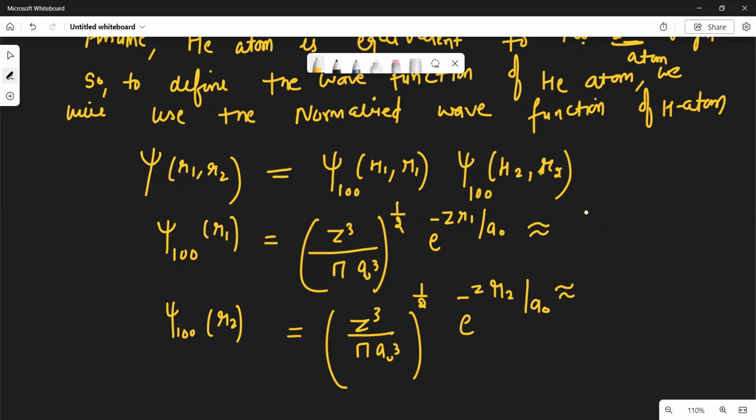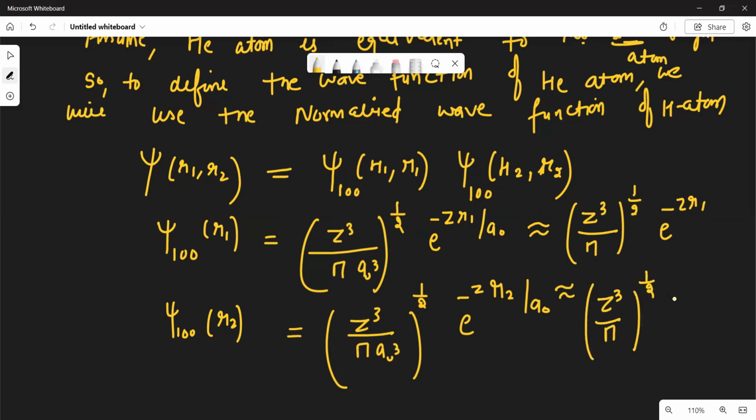So my wave function will be z cube upon pi 1 by 2, e raised to power minus z r1. Similarly, this one will be same. We will not write a naught. A naught equals to 1 according to atomic units.